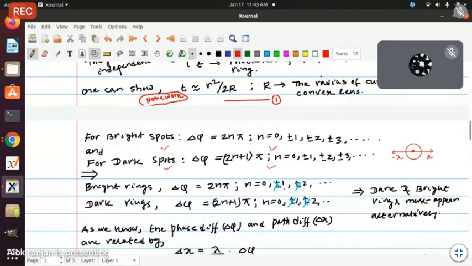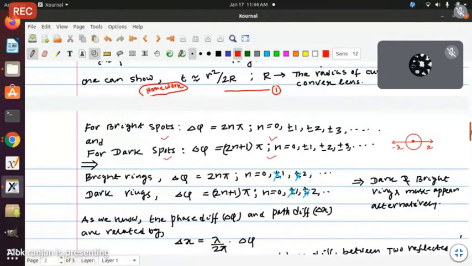This will be your negative x-axis. And when you say n equal to plus or minus 1, it indicates the direction. Since we are talking about rings rather than a spot, we should consider either the positive side of the integer or the negative side, including zero, but we should not consider both sides, because we are dealing with a ring rather than a spot.